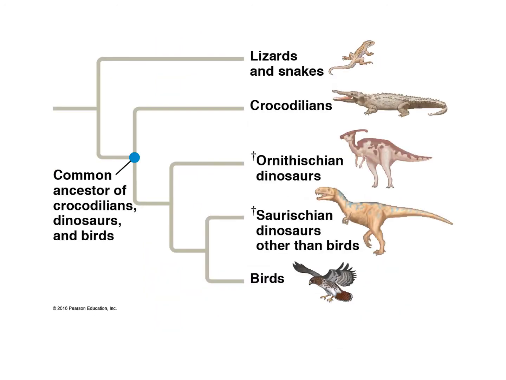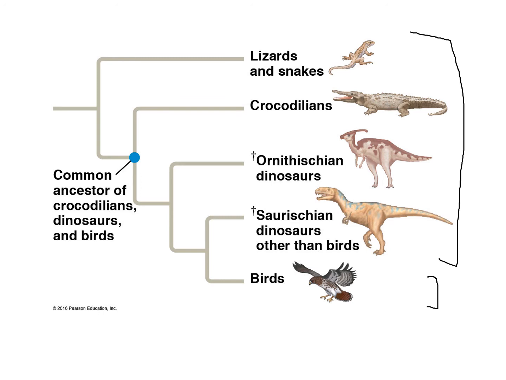Here is an example of where a modern cladistic or phylogenetic based classification scheme clashes with a long-held traditional hierarchical classification. In the past we had a class Reptilia, and the reptiles would include lizards and snakes, crocodiles and dinosaurs. And then we had a class Aves for birds.